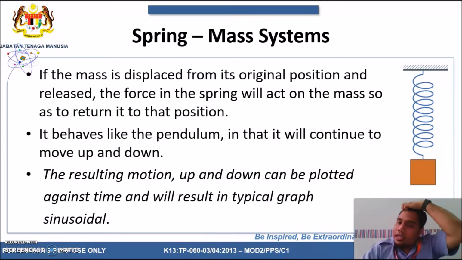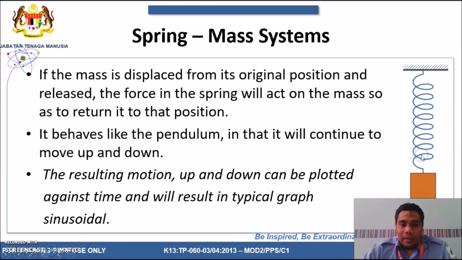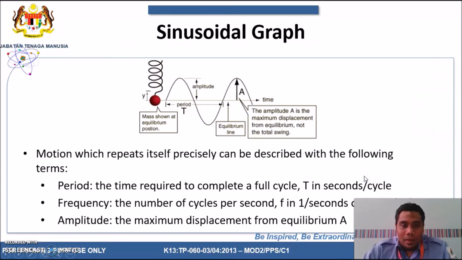The resulting motion up and down can be plotted against time and will result in a typical graph of sinusoidal. We will get a sinusoidal graph. The graph is like a wave, like ombak. Okay, this is a typical sinusoidal graph.